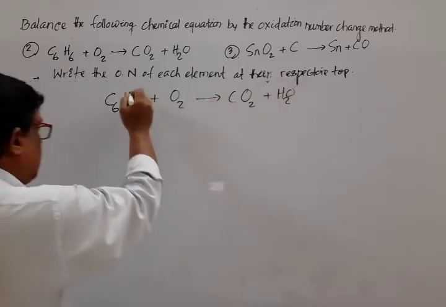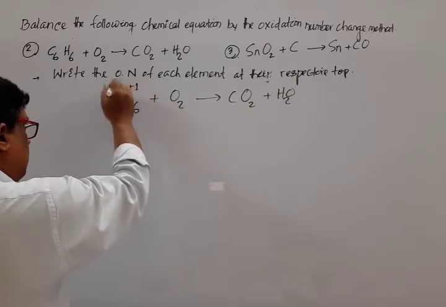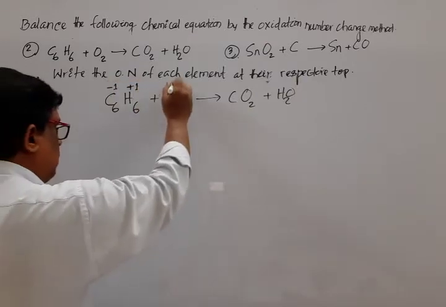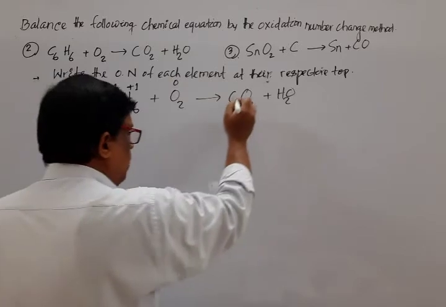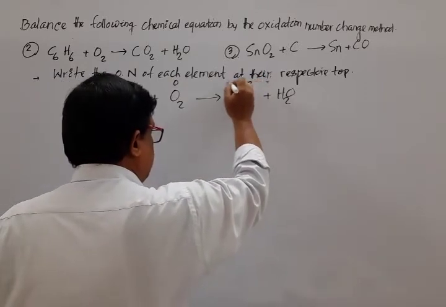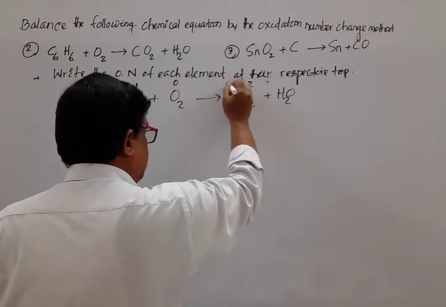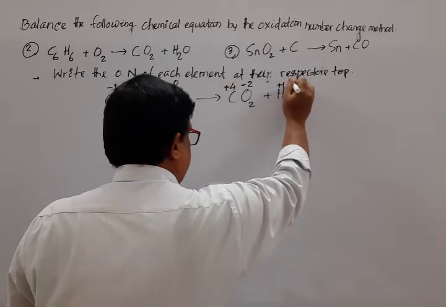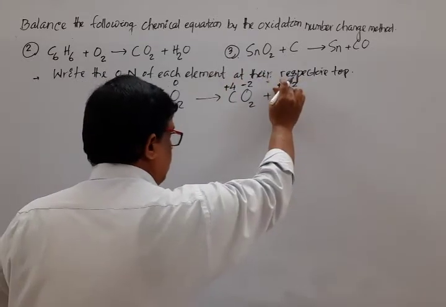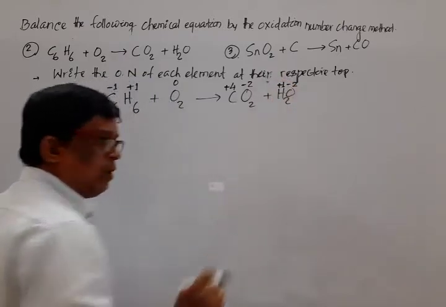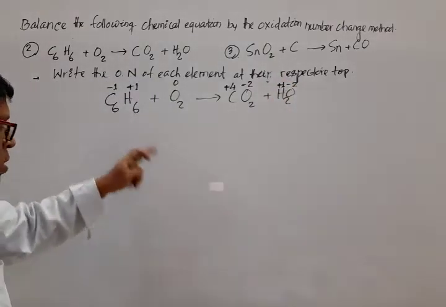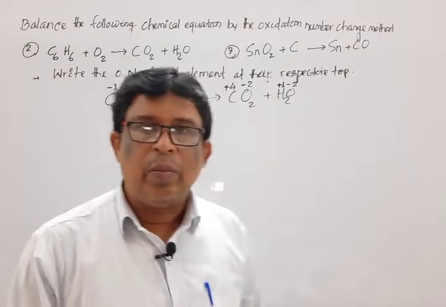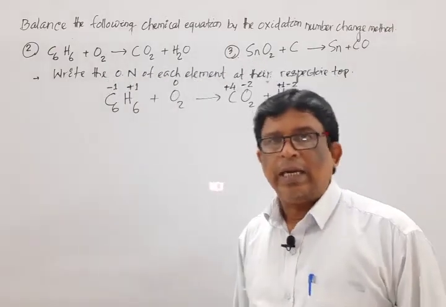So here it is plus 1, minus 1, 0, minus 2. Two oxygen atoms are there, so it is plus 4, plus 1, minus 2. Okay, mark that. I mention the oxidation number of each element at its top.